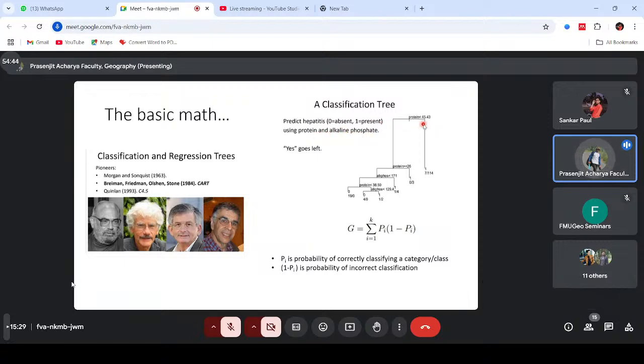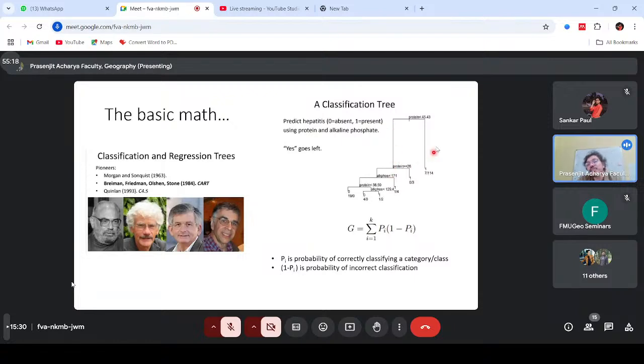It picks up protein, and even if it picks up protein, 45.43 has been taken as a threshold value. It suggests that all of the observations belonging to these hepatitis patients, where we have binary classes, absent and present, if the protein is less than 45.43, then goes to the right side, and if the protein is higher than 45.43, they go to the left side.